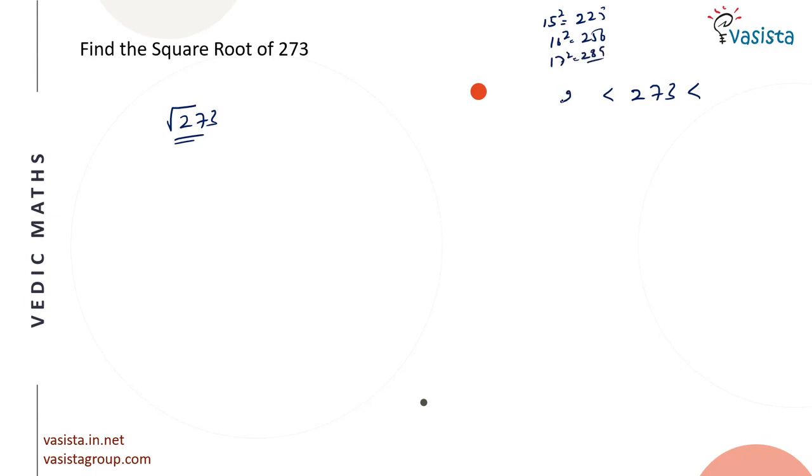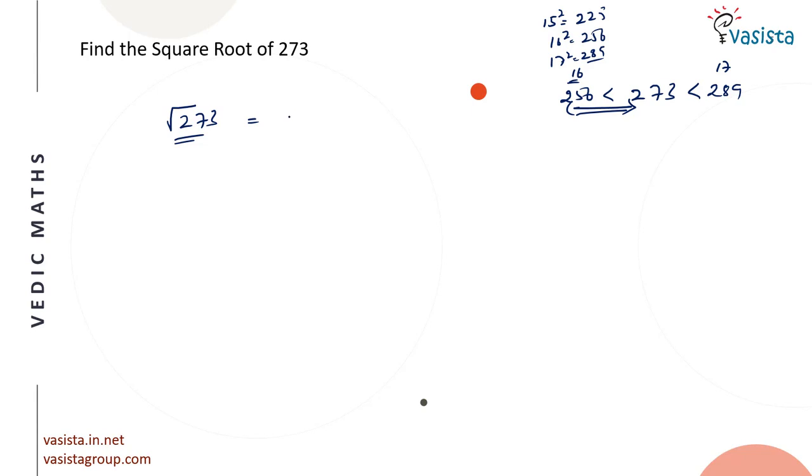So let us check 256 and 289. Now this is going to be 17 and this is going to be 16. You can take either that or this. Now here I'll take this part. As in the previous example, you can take 10 also, and you can work the same way.